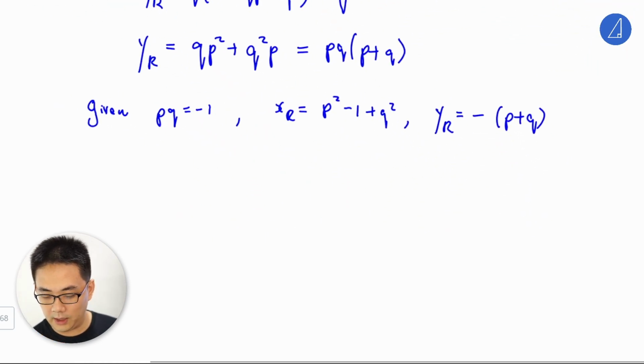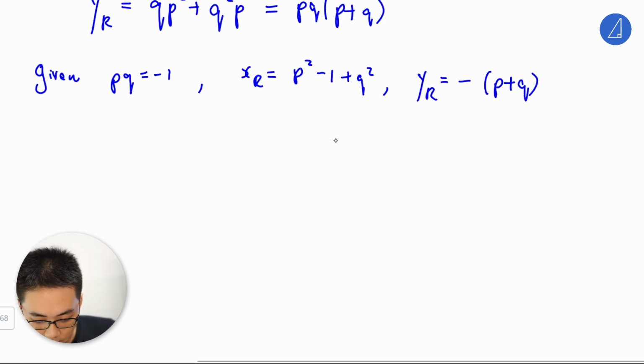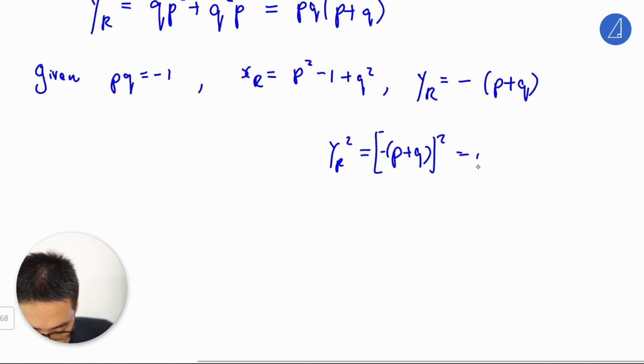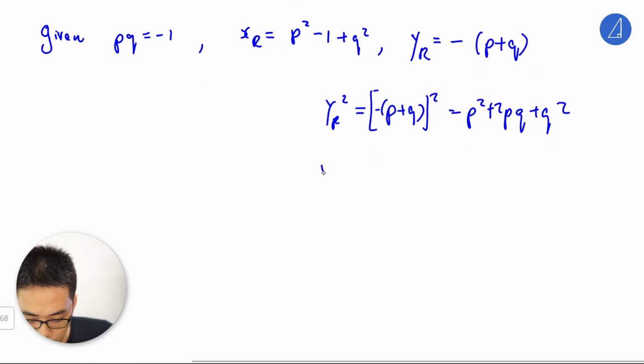There you go. So I think should be quite okay. You just need to square and plus 1, so yR squared, p squared plus 2pq plus q squared, equals to.